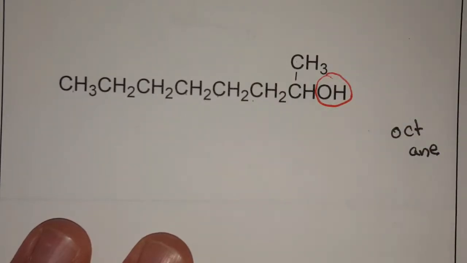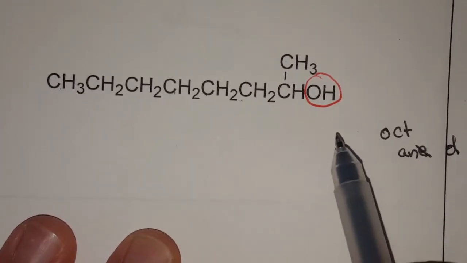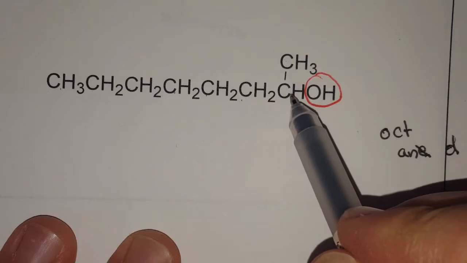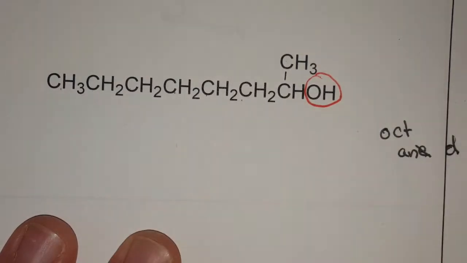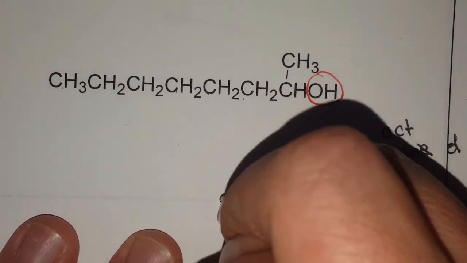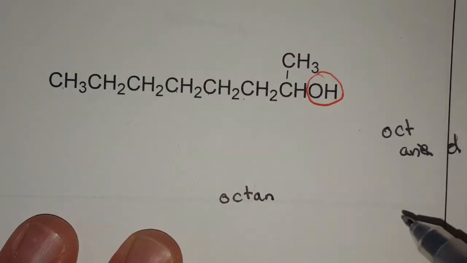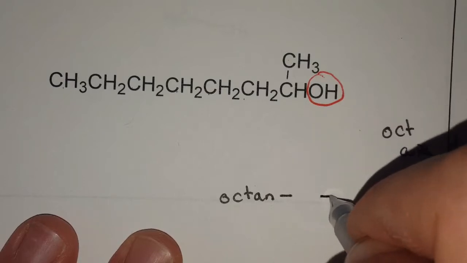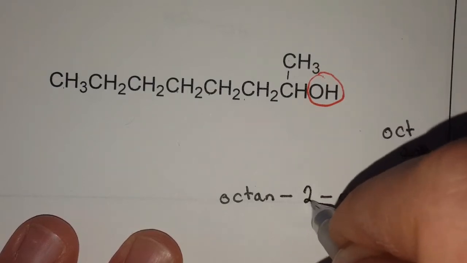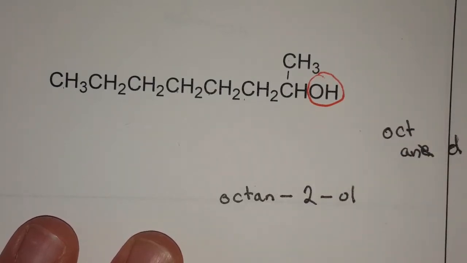That tells us that the E is going to be dropped for OL, but we have to state where it is. If I count from this end, it's on carbon 2. If I count from this end, it's carbon 7. So therefore, this would be oct, and we drop the E. We have to state the location of the alcohol. So it's octan-2-ol.